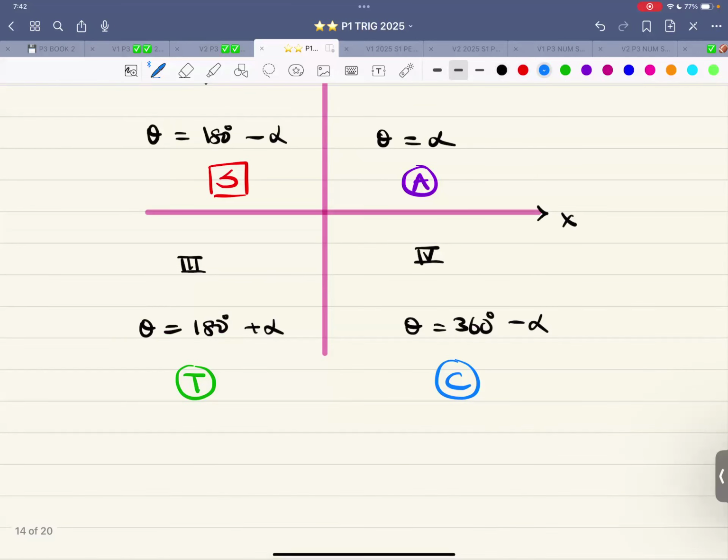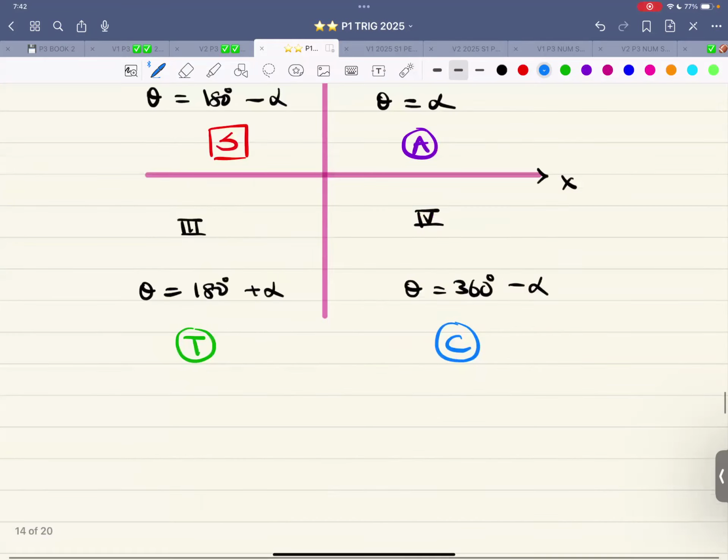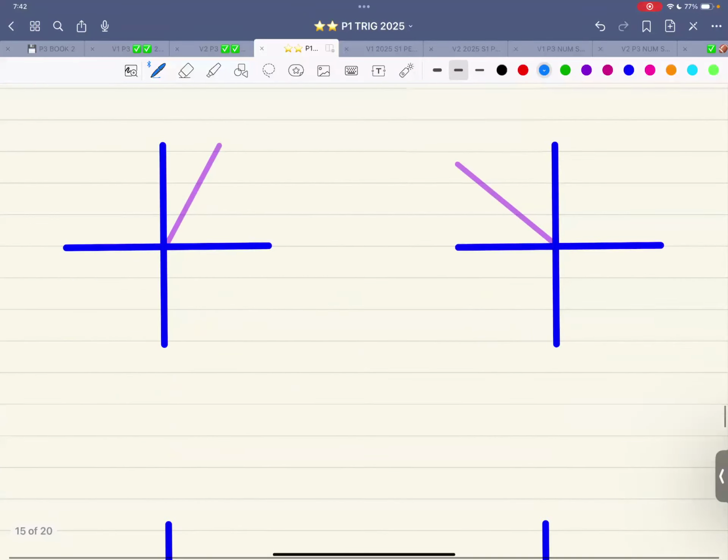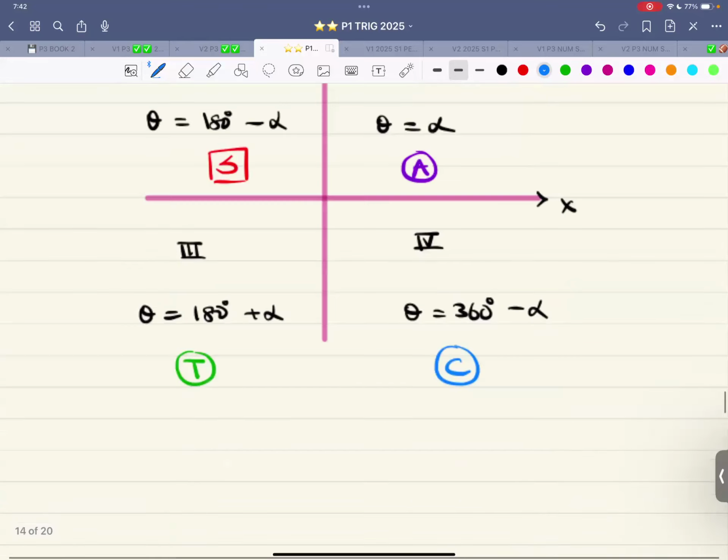Till now, the diagram says it all. So now we talked about exact trig ratios and this diagram. I hope this is all clear. Now, let me introduce some other angles.